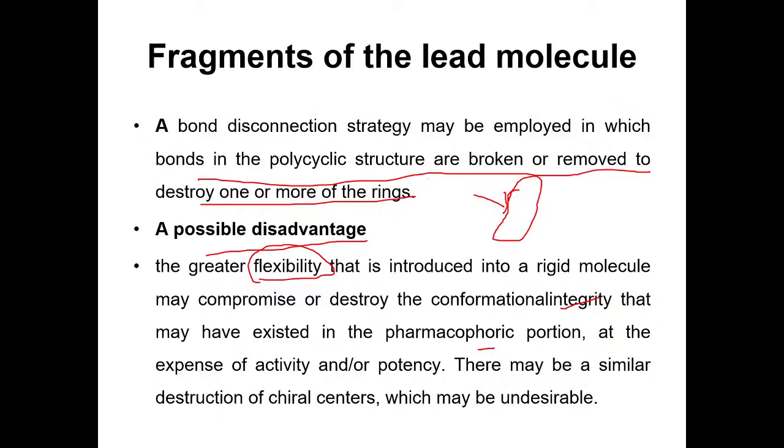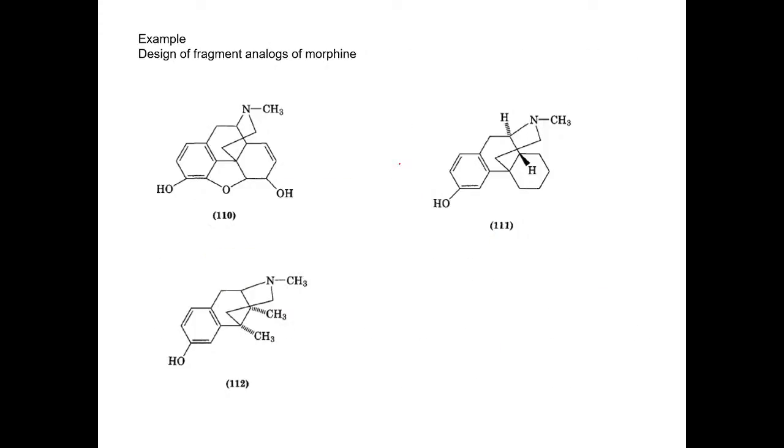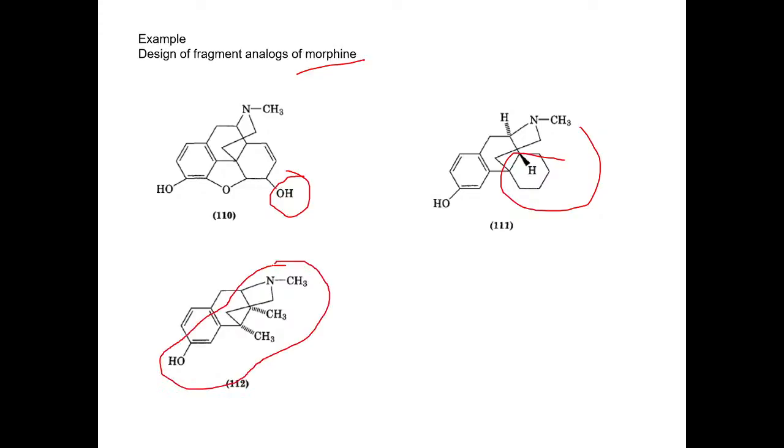The dissection has to be carried out very carefully so that the molecule does not become flexible. Here you have morphine, correct? Here OH is removed, and then this cycle is removed. This is the minimum structure that is required for morphine analogs to show pharmacological activity.